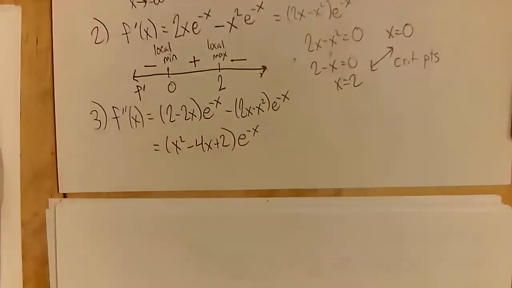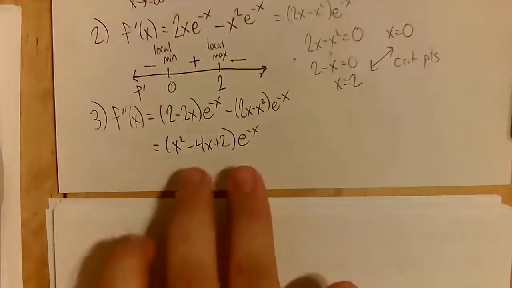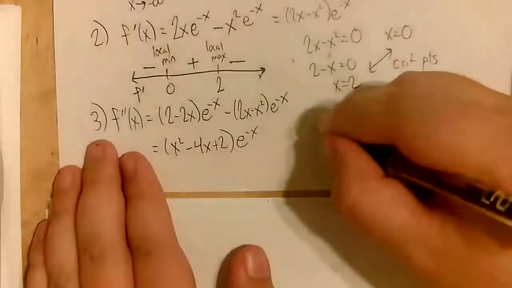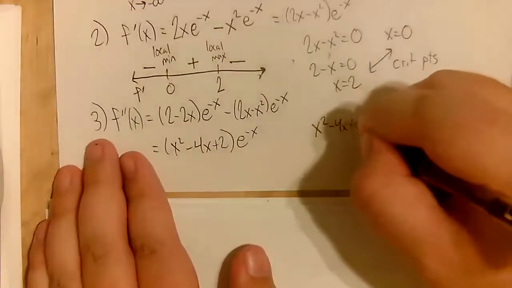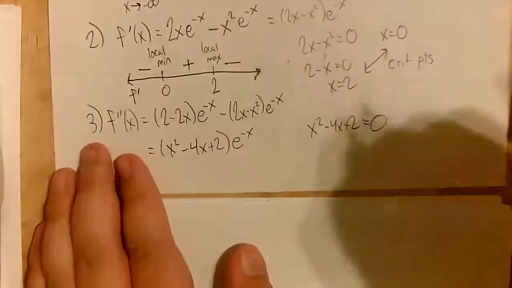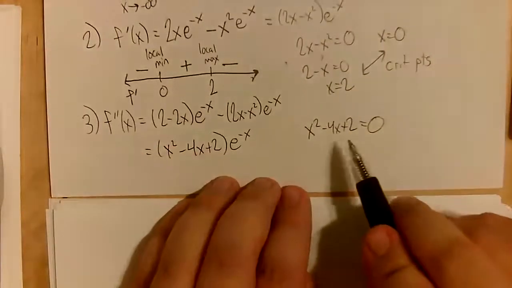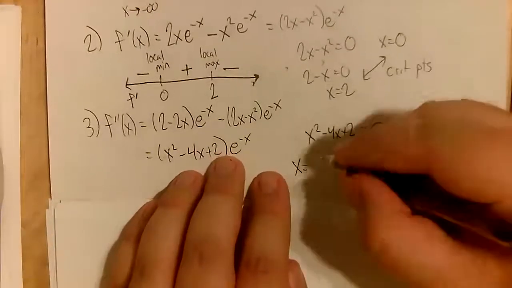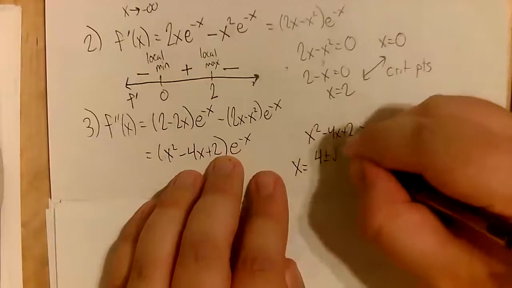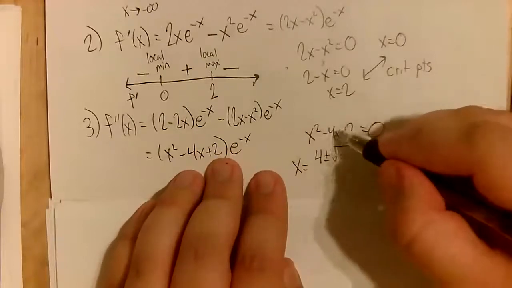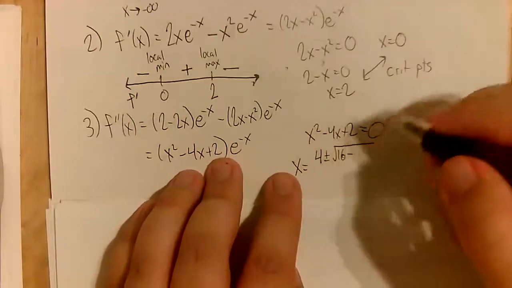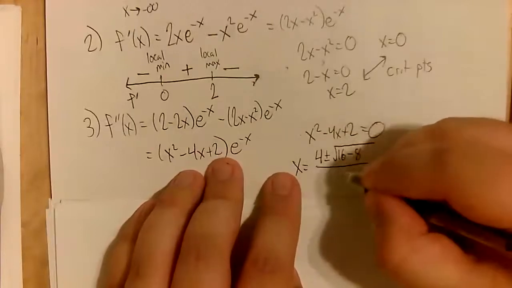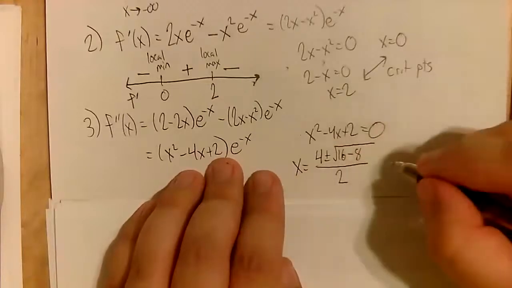Now, once again, it's not going to be undefined anywhere because of the nature of these functions, but it could very well be 0 if this polynomial is 0. All right. Now, looking at this, I don't think this is going to factor nicely, so let's use the quadratic formula here. We have negative b, so 4, plus or minus the square root of b squared, so 16, minus 4 times a times c, which is 8, all divided by 2a.